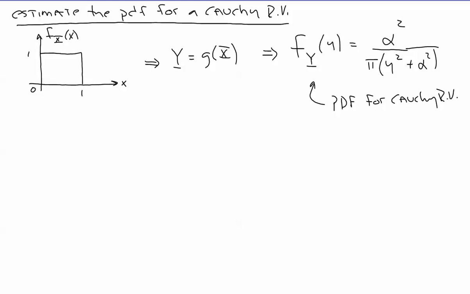For this particular problem, I'm going to assume that alpha equals 1 in my probability density function for y. And I know from my previous work that my transformation function y equals the inverse cumulative distribution function for my Cauchy random variable evaluated at x. So we need to find the cumulative distribution function for y and then invert it.